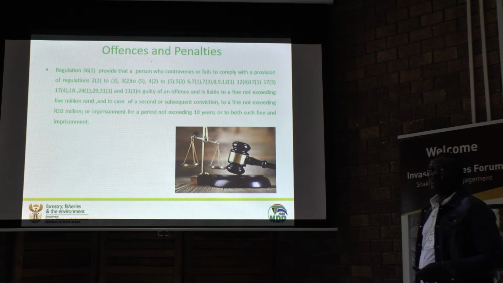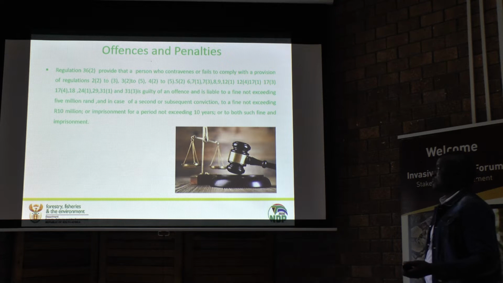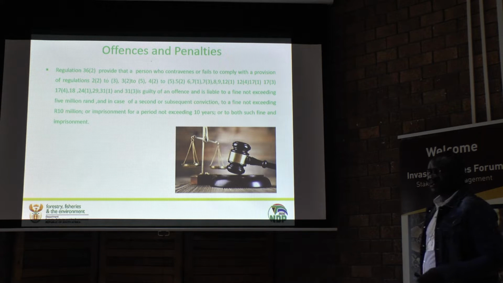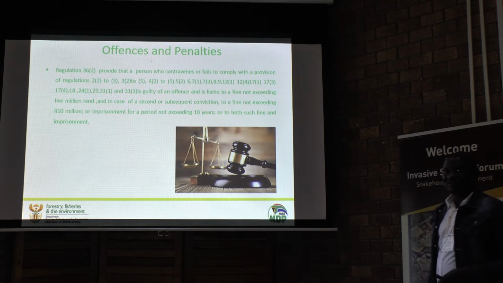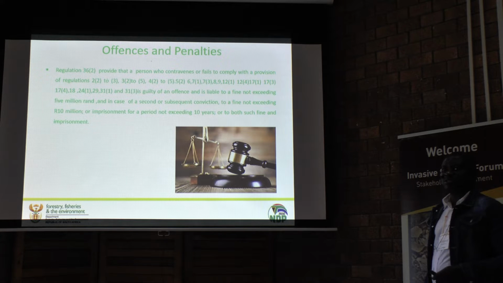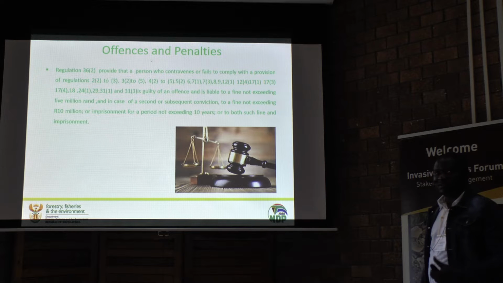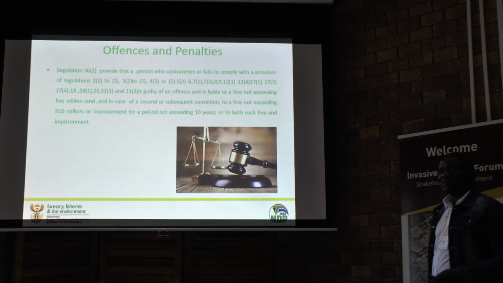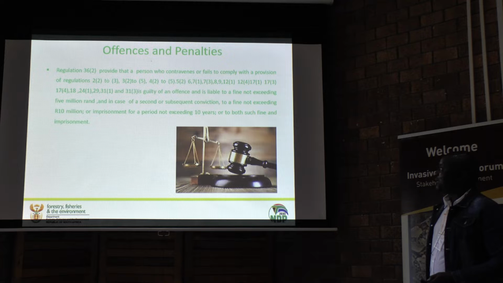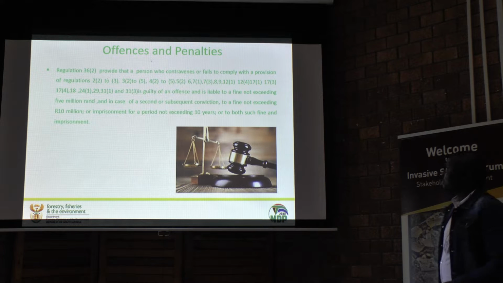Or if we see that you will pay money, then we say okay, let's say 5 million plus 5 years in jail. Which means you will pay 5 million and another 5 years in jail, just to show you that nobody is bigger than the law here in South Africa.